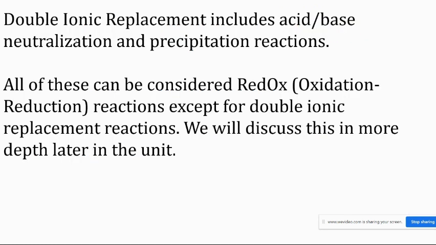All right. Double ionic replacement is also going to include acid-base neutralization and precipitation reactions. Okay, if we take hydrochloric acid and react it with sodium hydroxide, what are we going to form?